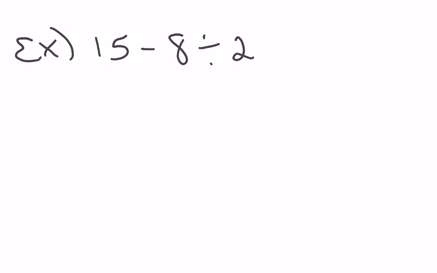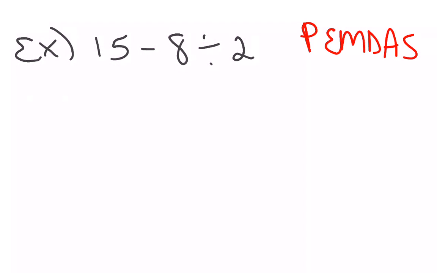All right, let's look at the next example. They want us to simplify, and we're going to use our order of operations. So let's put the example up here. In order to do our order of operations, remember that that is going to be PEMDAS.